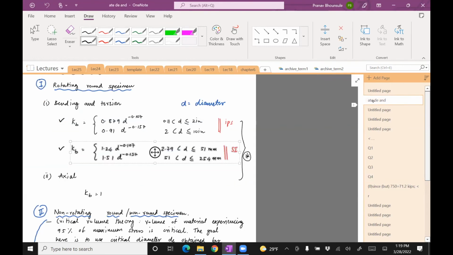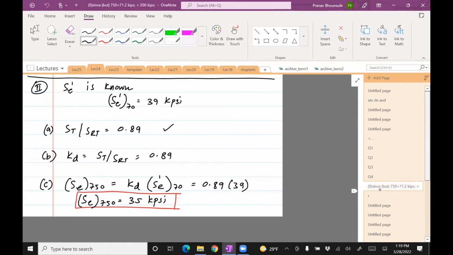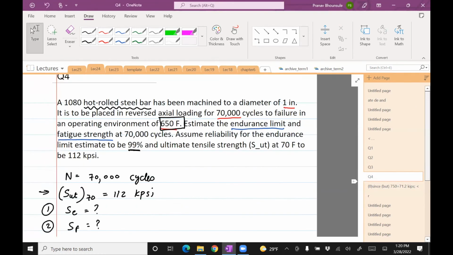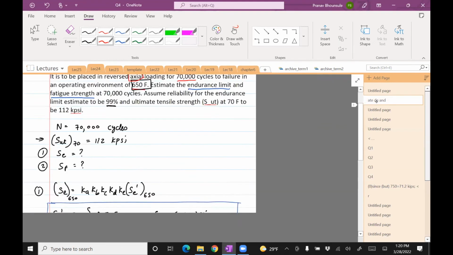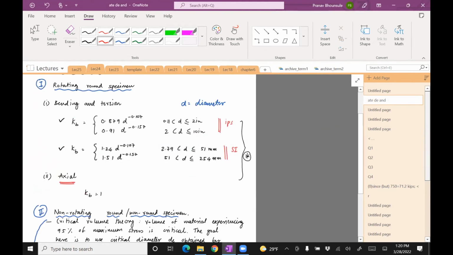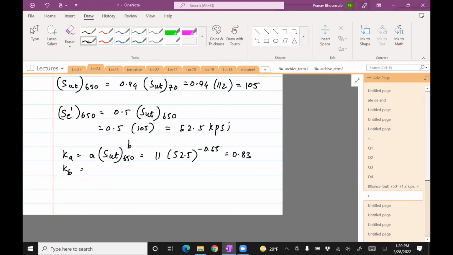Now, is this bending, torsion, or axial loading? I forgot to check that. Axial loading is right here. So we need to use the factor for axial loading. Assuming it's rotating, we use the axial loading factor. KB is 1. So axial and rotating.